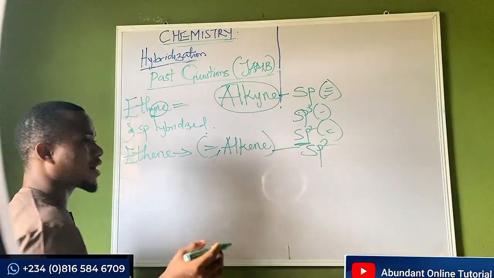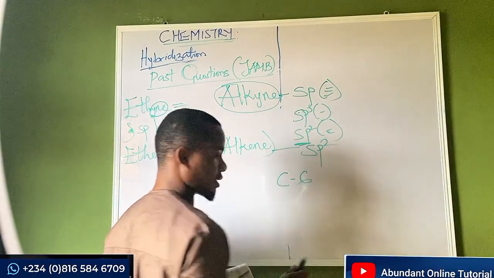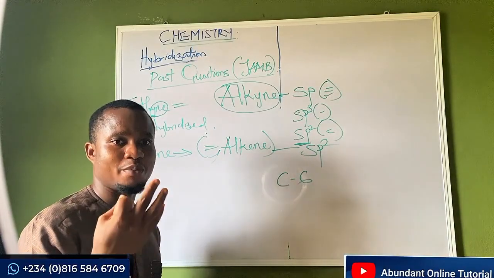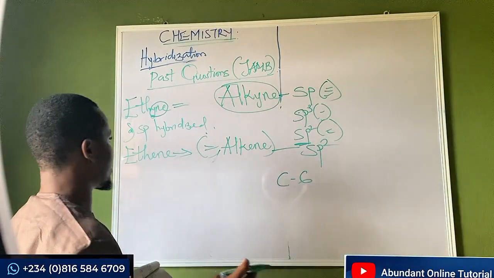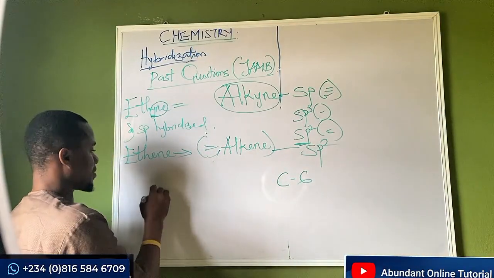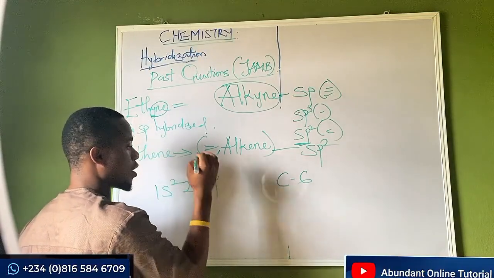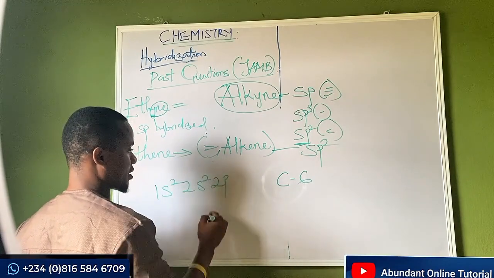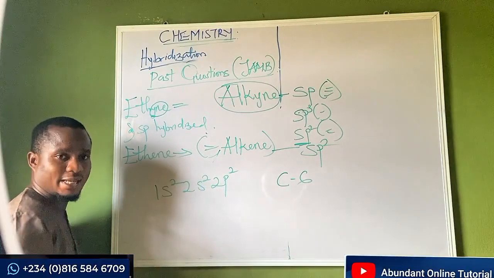For carbon, note that the atomic number is 6: hydrogen, helium, lithium, beryllium, boron, carbon. So carbon is 6, and I can say 1s2, 2s2, and 2p2. 2 plus 2 is 4, plus 2 is 6.